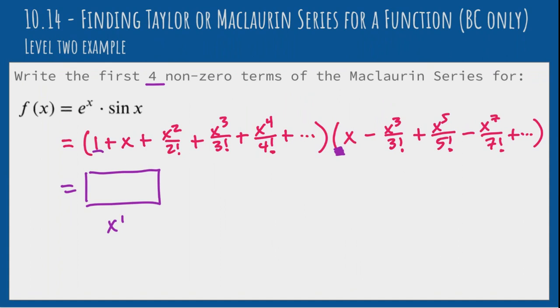So x to the first, we're going to get by doing 1 times x to the first. So an x to the 0 times x to the first is going to give us just x. Or we could also do x times x to the 0, which we don't have there.